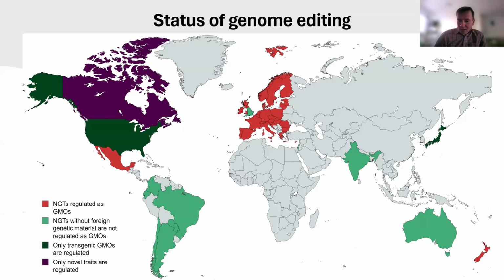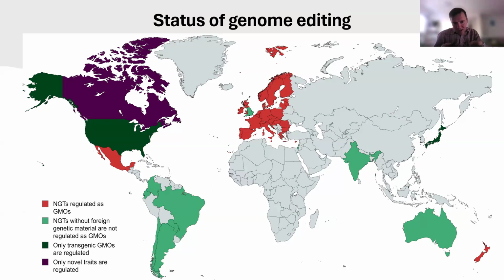So countries like Australia and England, as I mentioned, who excluded new gene technologies like certain techniques of genome editing from the scope of their regulation, are not alone, and they are not the first ones.